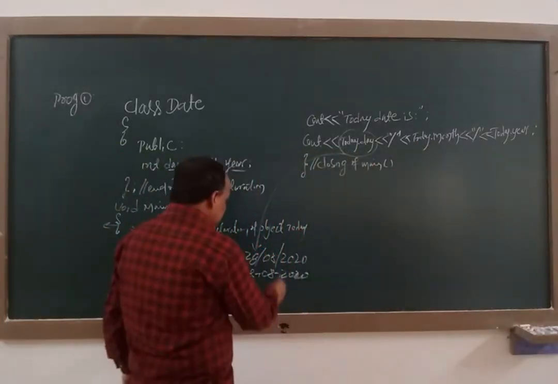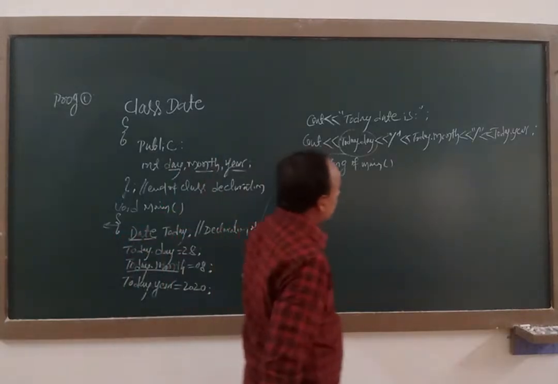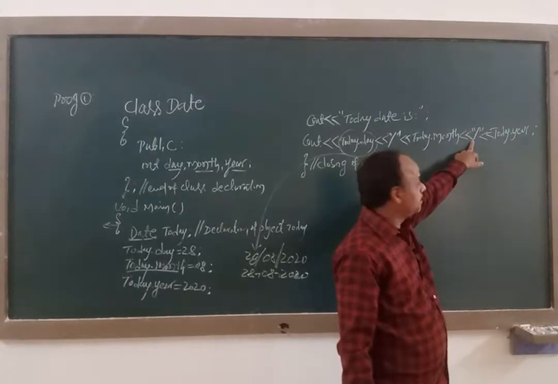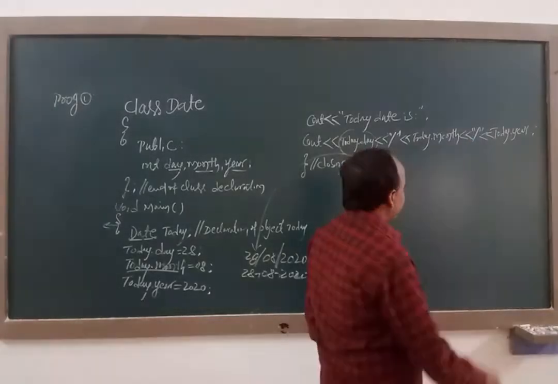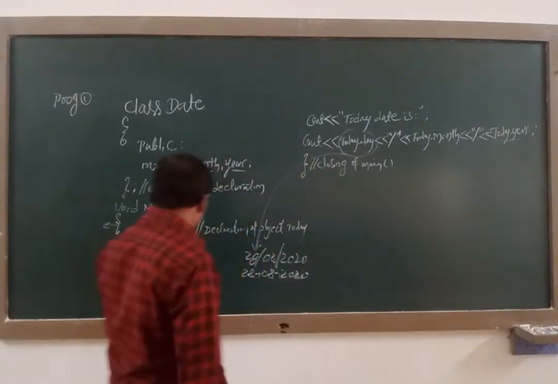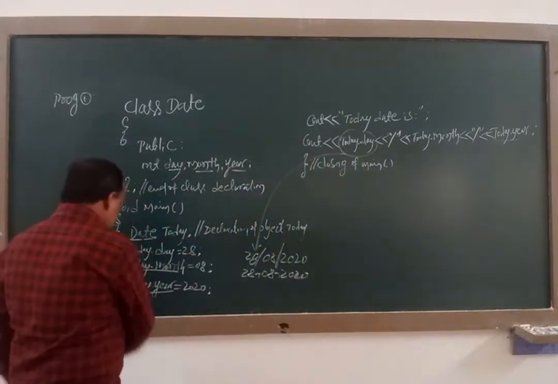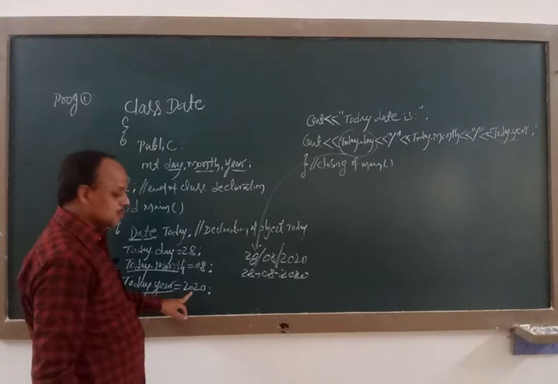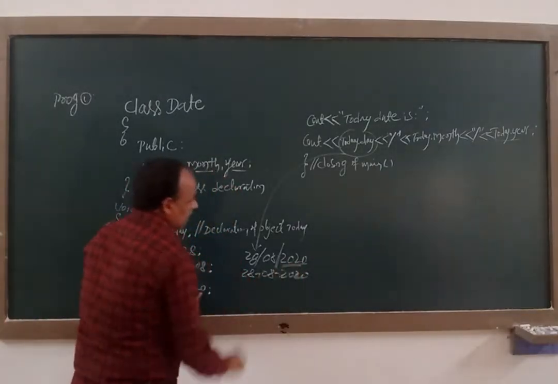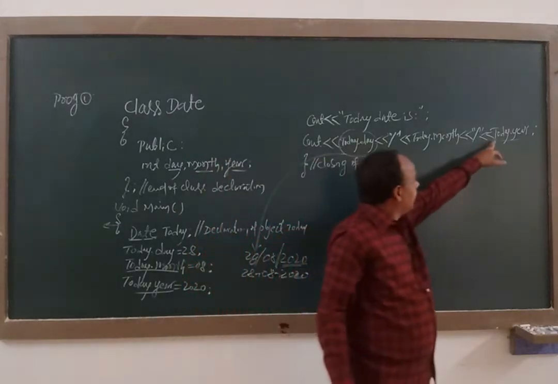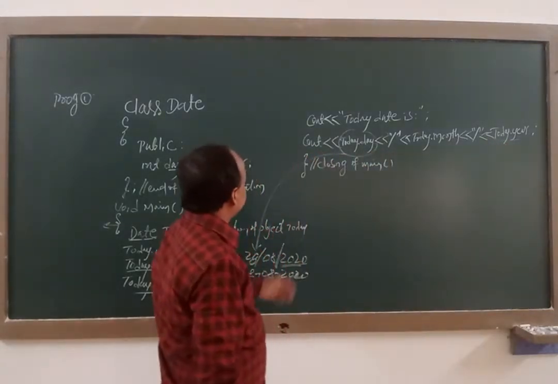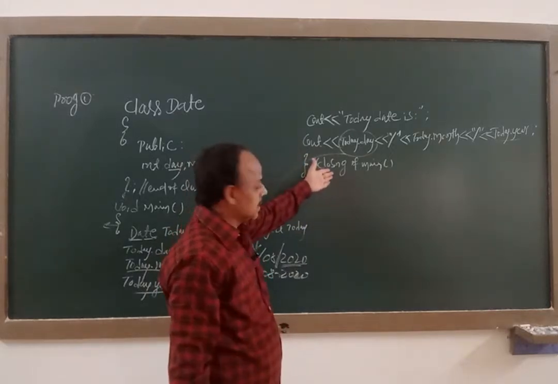Next I need one more slash, so I put it in double quotation marks. And next, I wrote here today.year, which means the year is assigned; today.year contains 2020. So to print this 2020, I am writing today.year like this, and afterwards I am closing the main function.